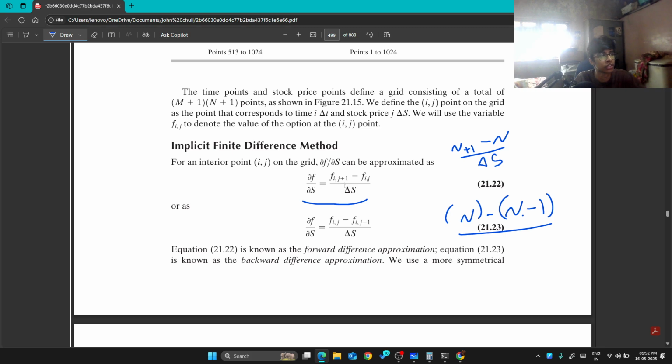This is the future price, the next future price of a grid minus today's price divided by delta s, and for the backward method, today's divided by yesterday's. In this way the differentiation, that is the implicit finite method, works.